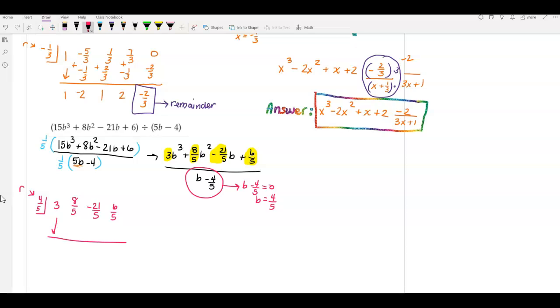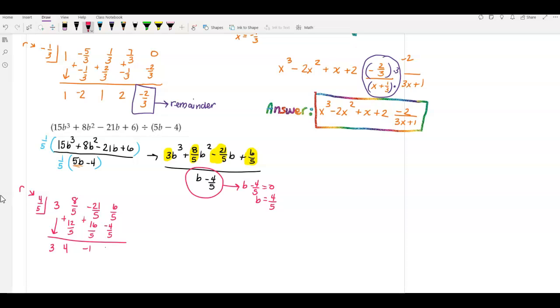Now we start the process. Drop our first, multiply 4/5 times 3 is 12/5. 8/5 plus 12/5 is 20/5, which is the same as 4. 4 times 4/5 is 16/5. So negative 21/5 plus 16/5 is negative 5/5, which is negative 1. So now negative 1 times 4/5 is negative 4/5.